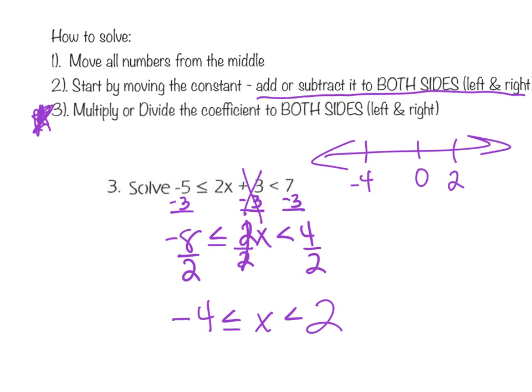X is greater than or equal to -4. The alligator's eating the X. So greater than or equal to, closed circle, greater than. X is less than 2. Open circle. So this is now an and.